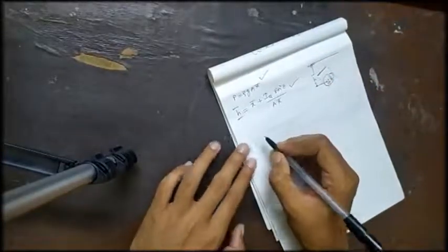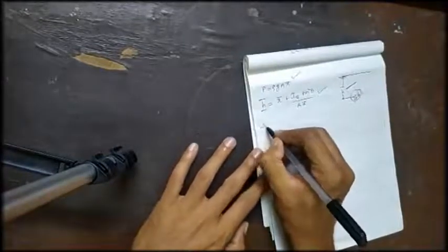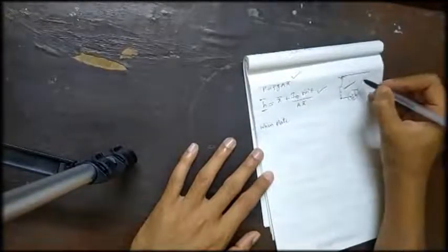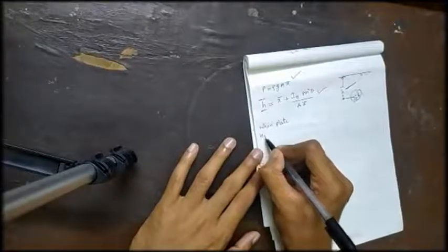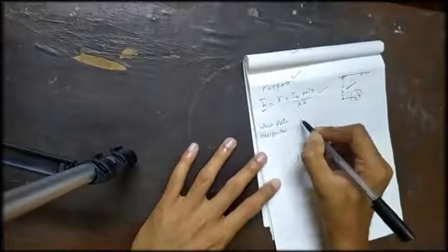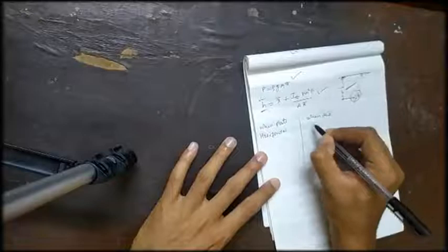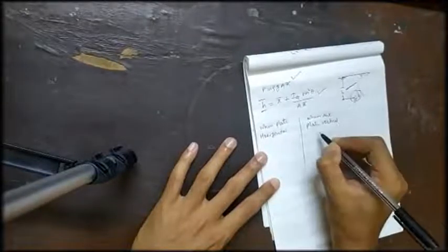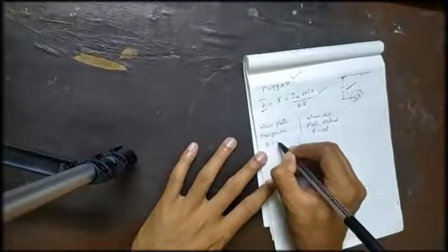When the plate is horizontal, right now this plate is inclined at an angle of theta. When the plate is horizontal, this is our first case. Then when the plate is vertical, means theta is equal to 90 degree; here theta is equal to 0 degrees because the plate remains horizontal.